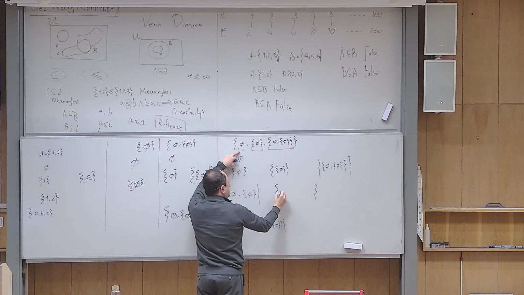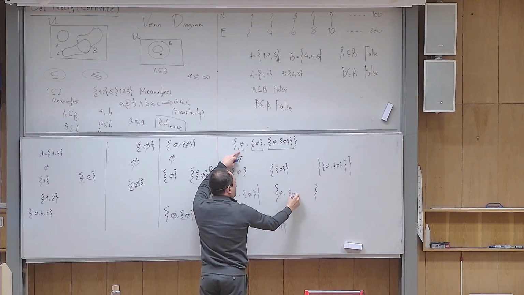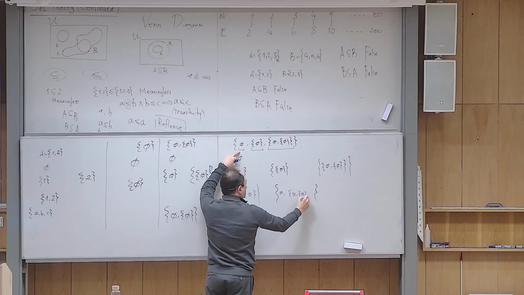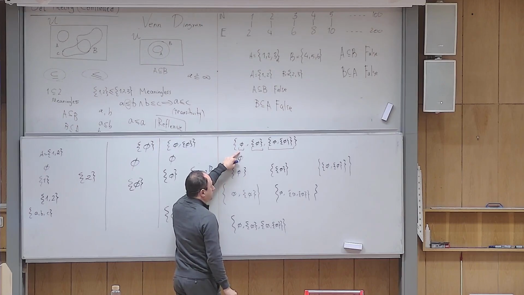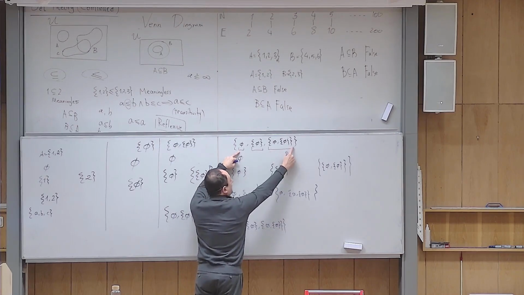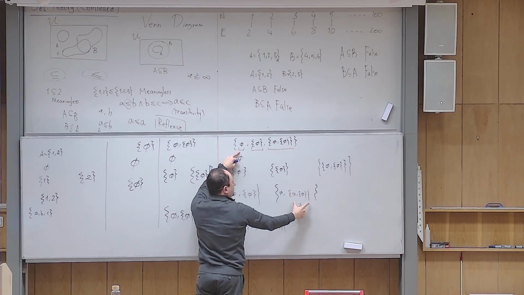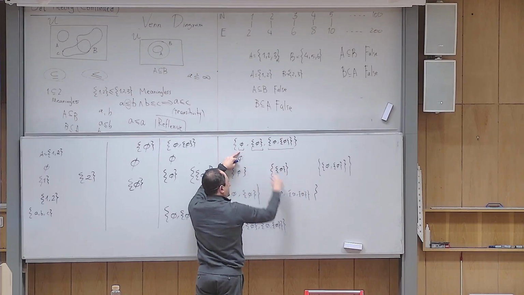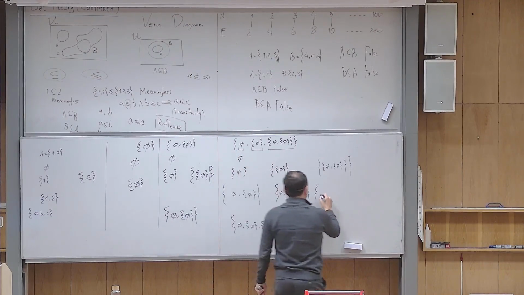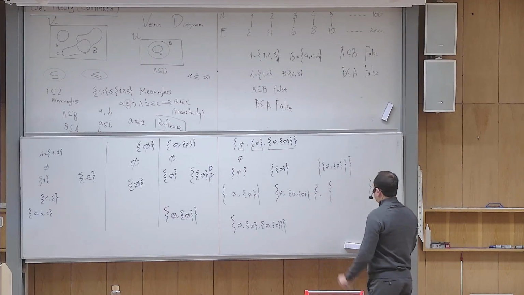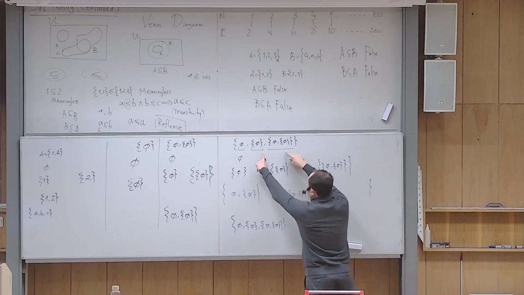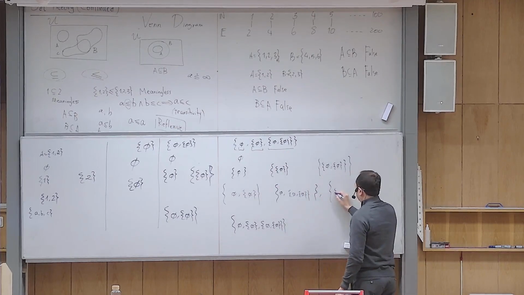So be careful in writing them down, yes? Am I right? You see, I took exactly this one and put it here, and I put this one in here. But I also have one more. I can open curly brackets and now choose these two and put them here.